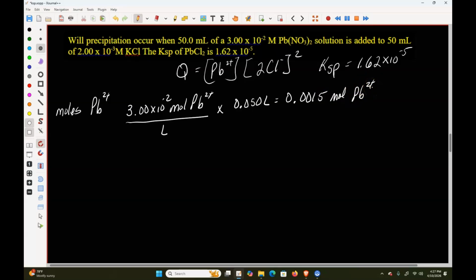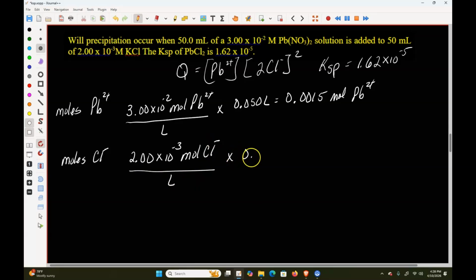Let's do the same thing for the chloride. I have 2.00 times 10 to the negative third moles of chloride per liter. Have 50 milliliters of that also, 0.050 liters. I'll multiply this out, I get 1 times 10 to the negative 4 moles of chloride.